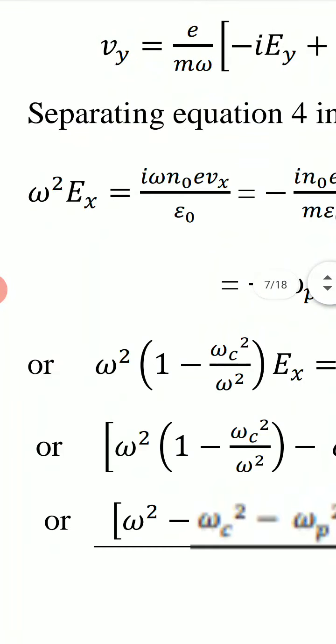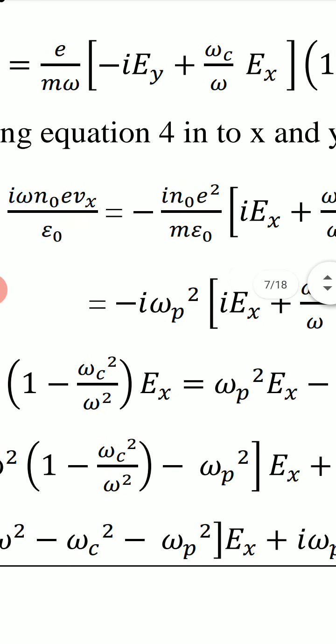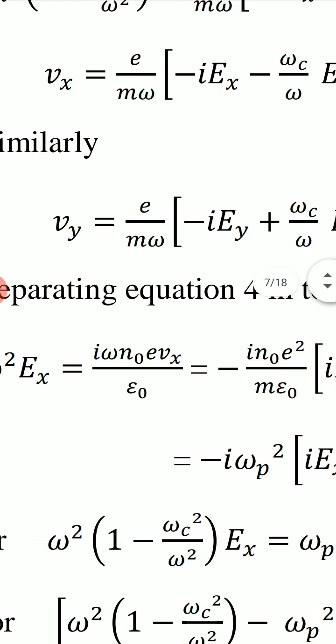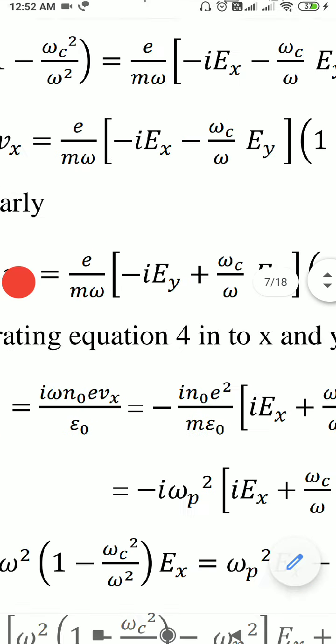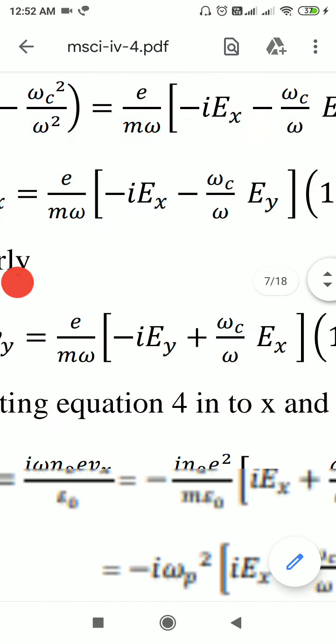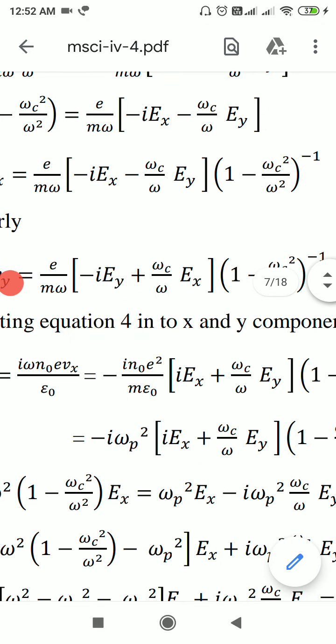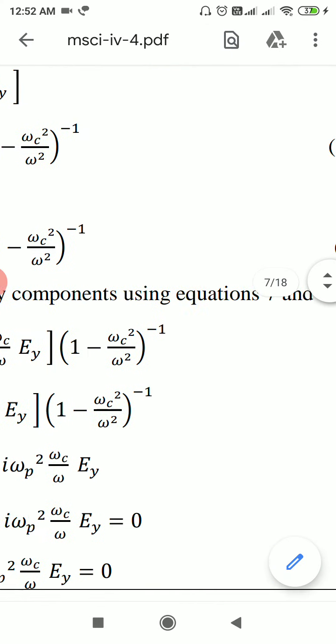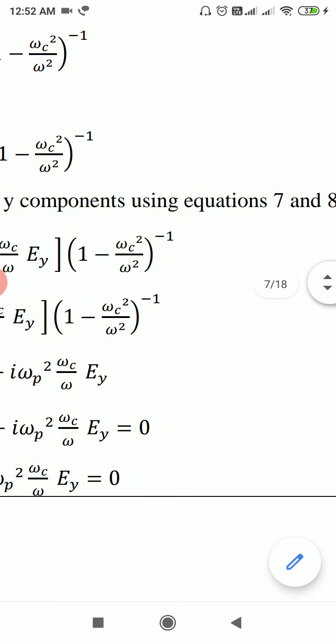So we have omega square Ex equal to i omega n0 e Vx upon epsilon 0, and put the value of Vx from this relation. Vx is given by equation 7.